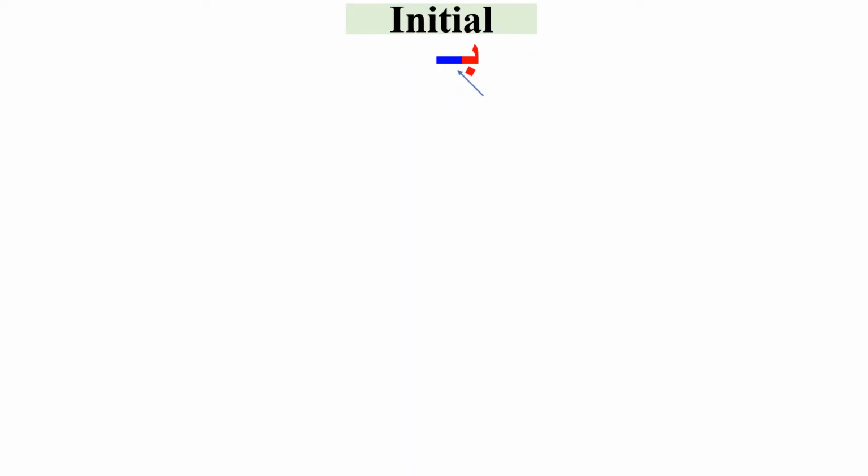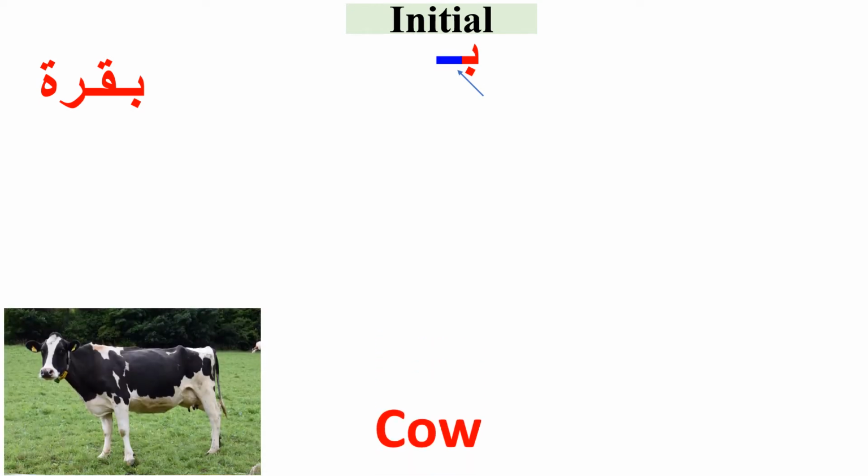So we'll have an example, which is the word baqara, which means cow in English. Yes, this kind of cow. So these are the component letters of the word baqara. So we have al-ba, b, al-qaf, q or qaf, and al-ra, ra, and the ta.